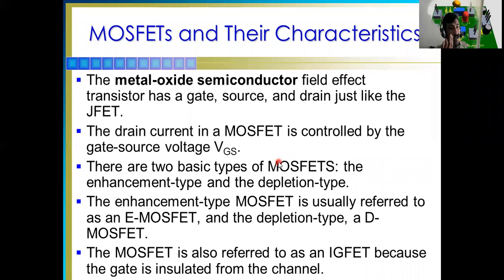Only three words are added: metal oxide semiconductor. Right? What have they done here? Which material is used? Metal oxide. Okay. So what are the advantages of that? Can anybody guess?